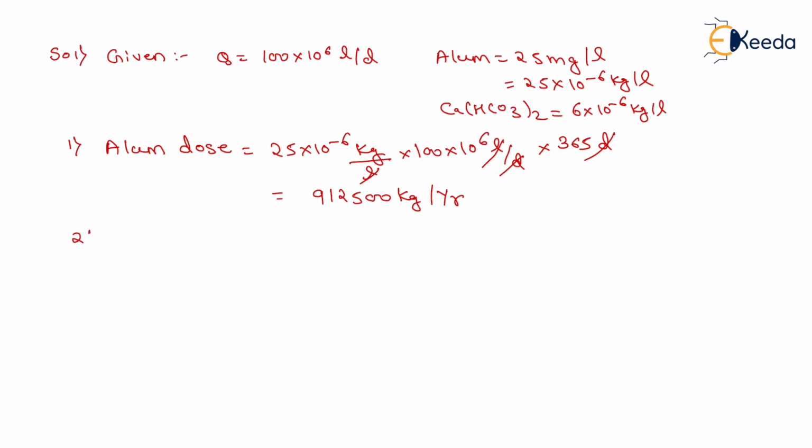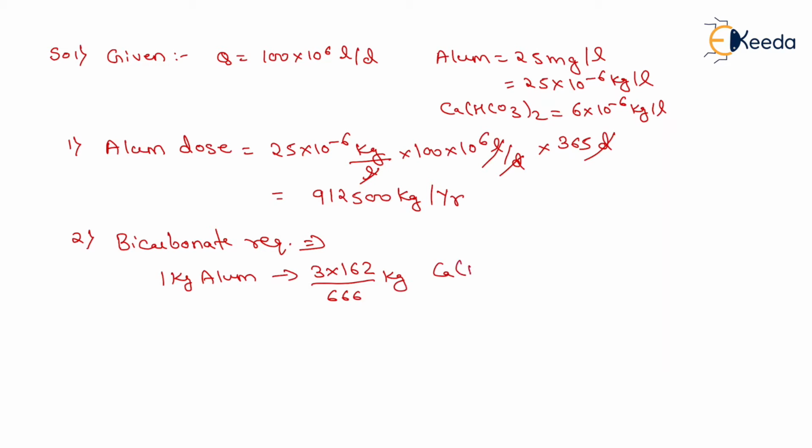Now we want to calculate the next portion, that is the bicarbonate required per year in kg. Now we know that 1 kg of alum generally requires 3 into 162 divided by 666 kg of calcium bicarbonate.